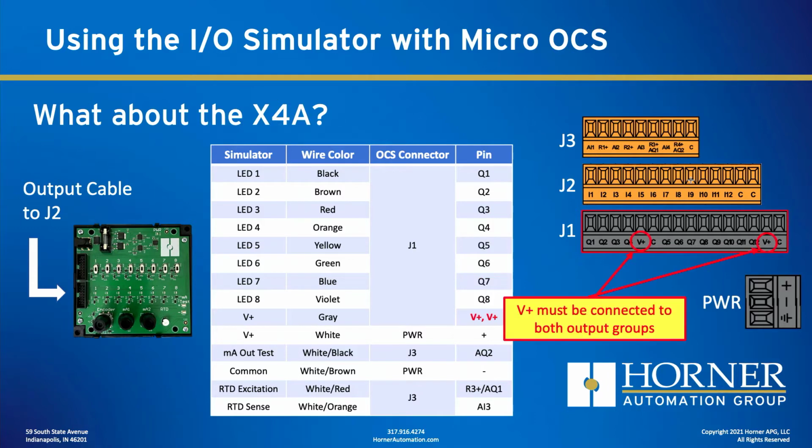While you don't have as much jumpering to do with the X4A as you do with the X4R, there's still a little bit of jumpering to do. Again, one of your V+ wires is allocated for the power plug. The other one needs to be jumpered between the two V+s from the two groups of DC outputs.